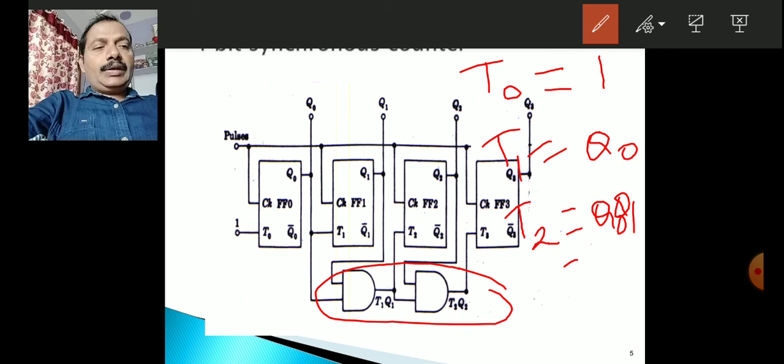That means you can connect it as, because T1 equals Q0, you substitute that T1 Q1, and T3 is like this.